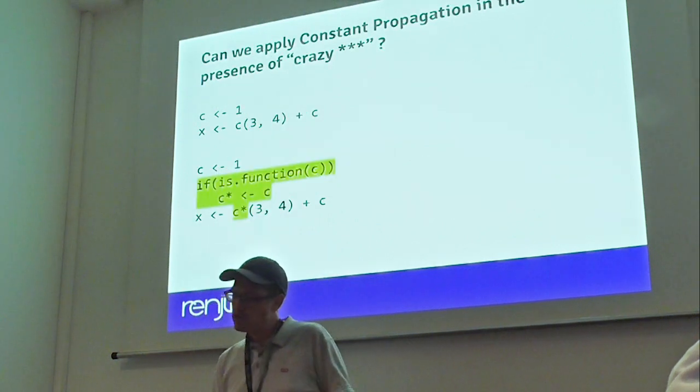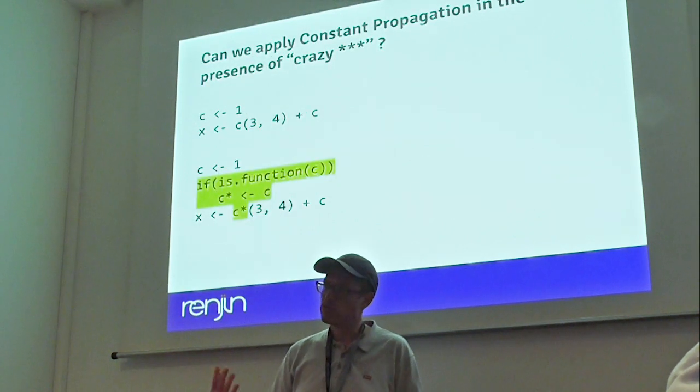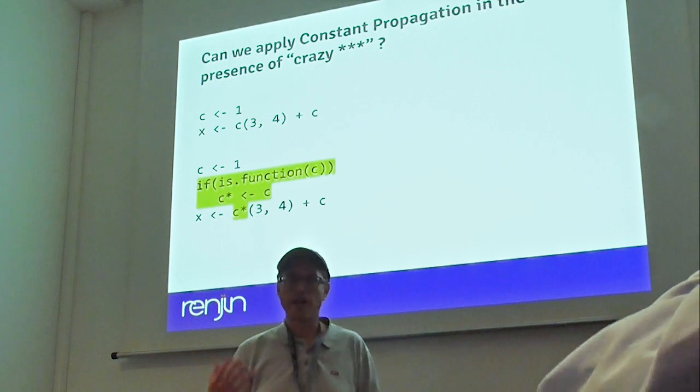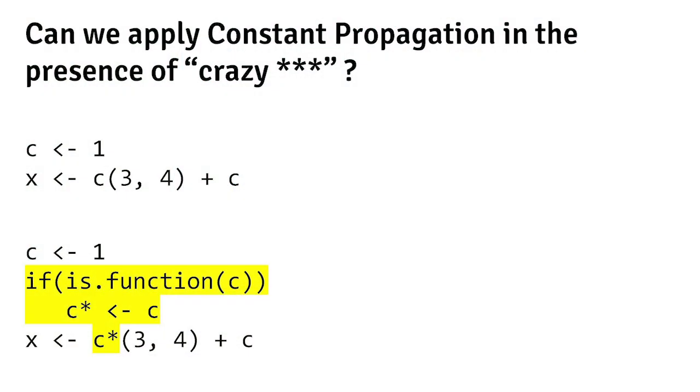And then we're turning our attention to what kinds of optimizations we can apply on top of this. This involves extending some of these models and tools to accommodate the quirks of the R language. For example, this whole question of having c(3,4) plus c, right?